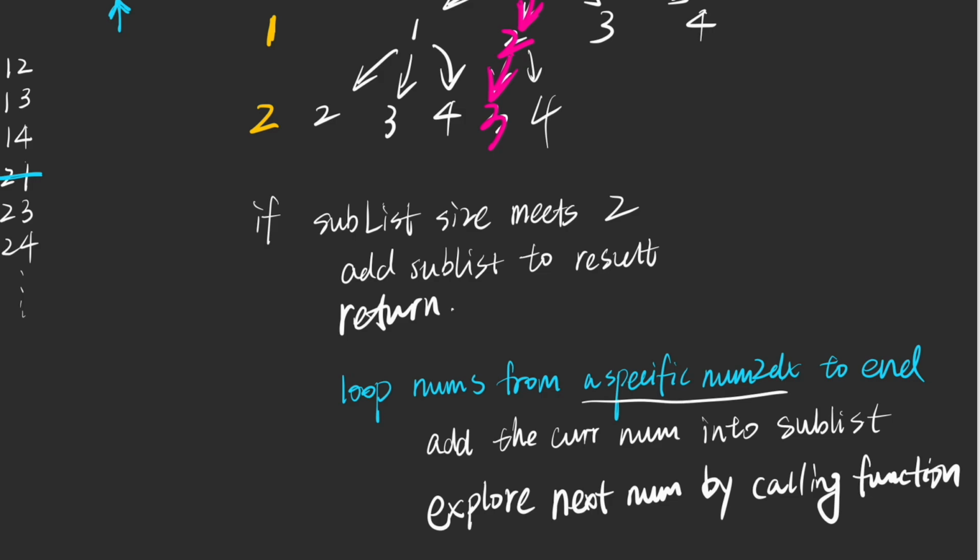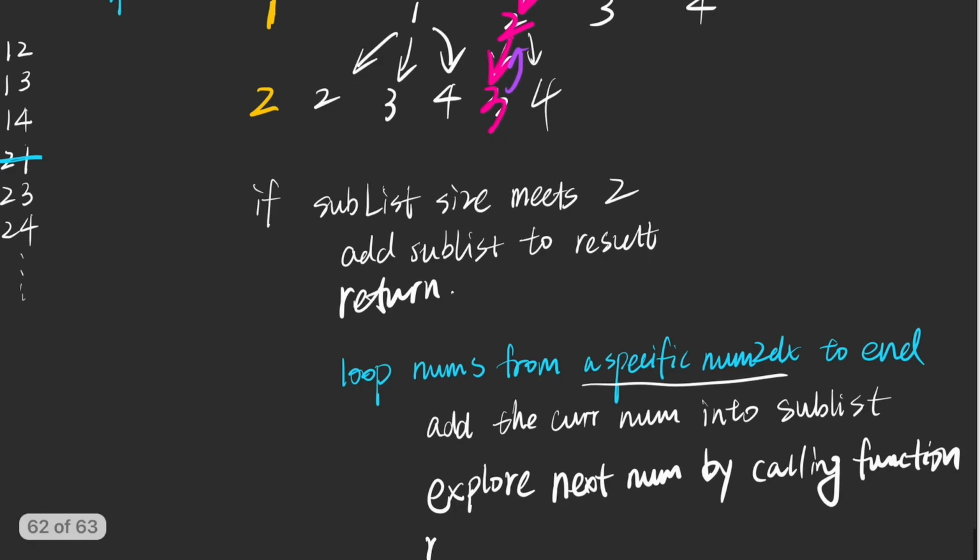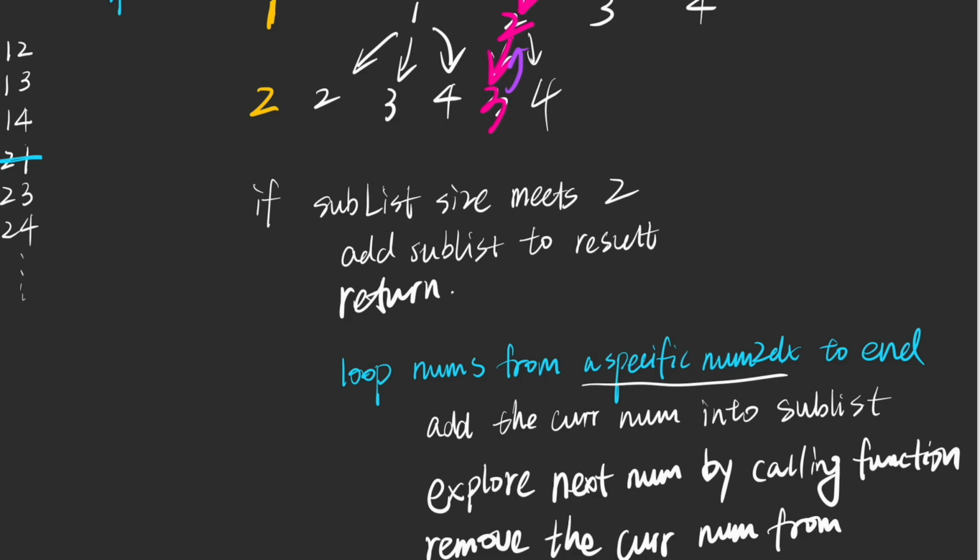It's what we need to do. We need to remove this number, right? And we go back to the last level. We have to remove the current number from the sublist.